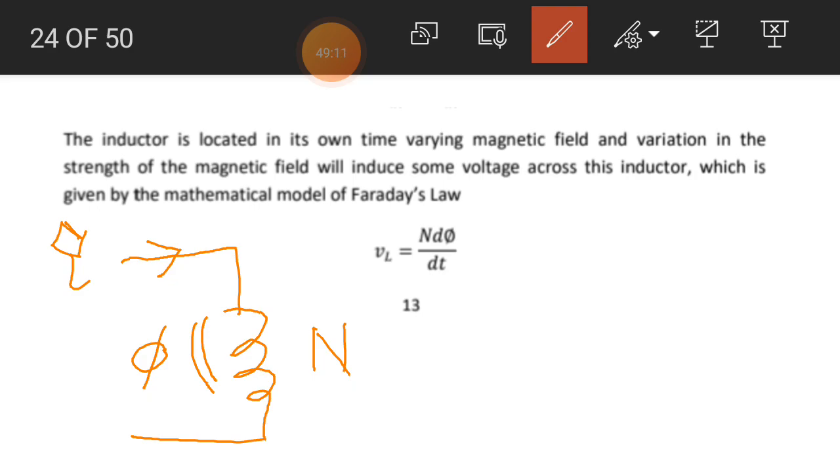The nature of the magnetic flux depends upon the nature of the applied voltage. If the current is constant with respect to time, the magnetic flux will be constant with respect to time. And if the current varies with time, then this magnetic flux will vary with respect to time. So this inductor is located in its own time varying magnetic field.